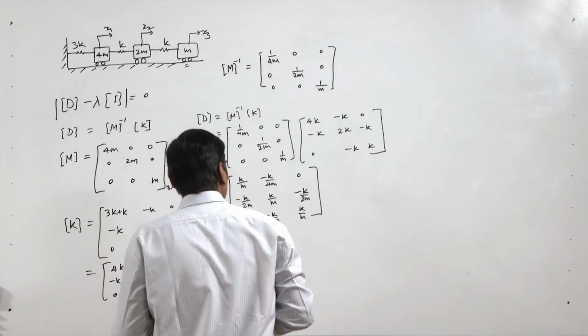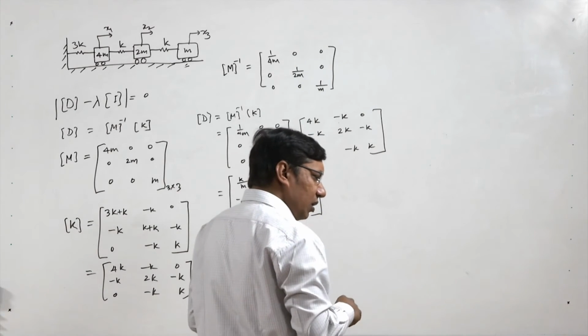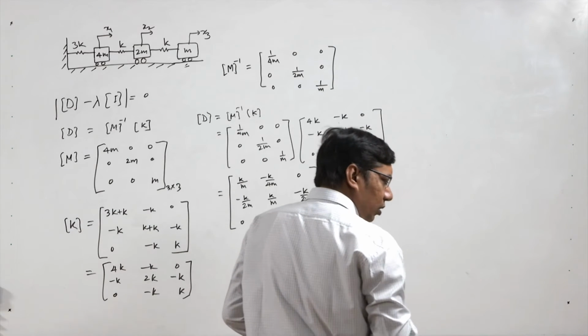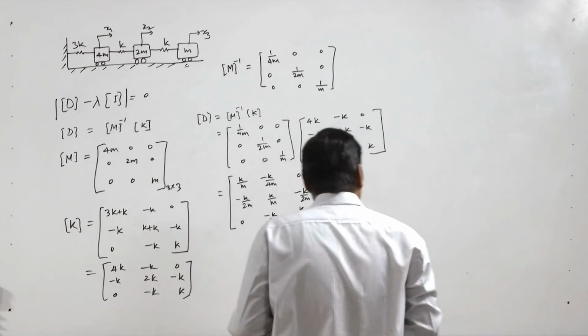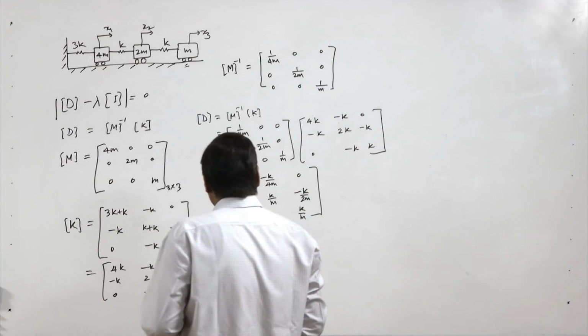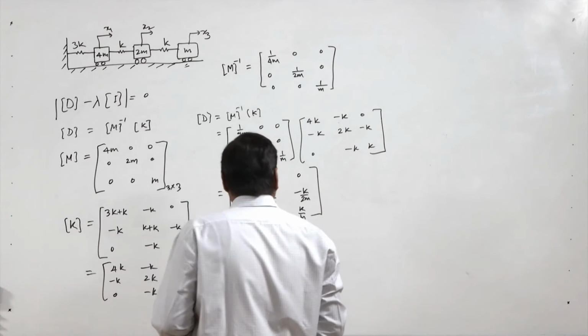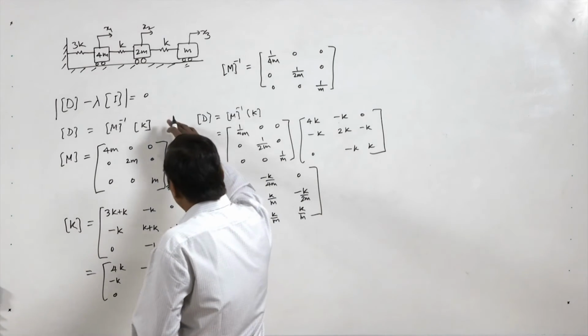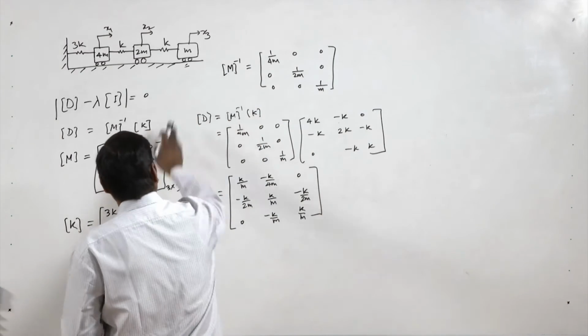So we have got this D matrix, and we now have to perform the eigenvalue analysis, and take the determinant of this matrix equal to 0.